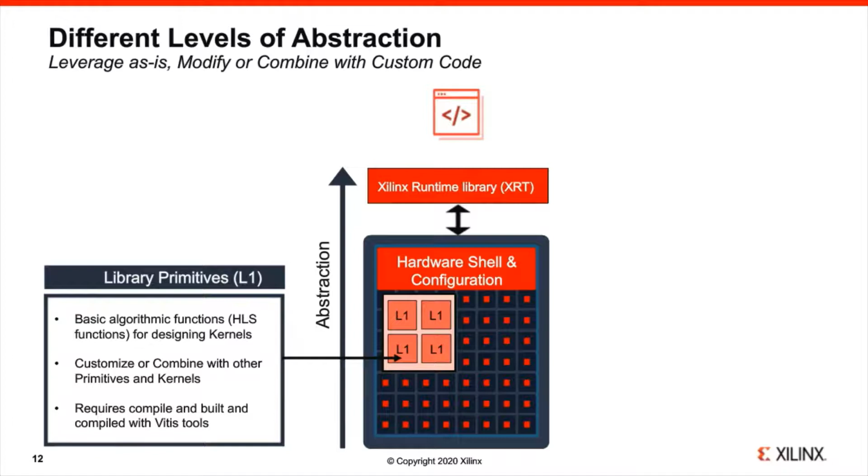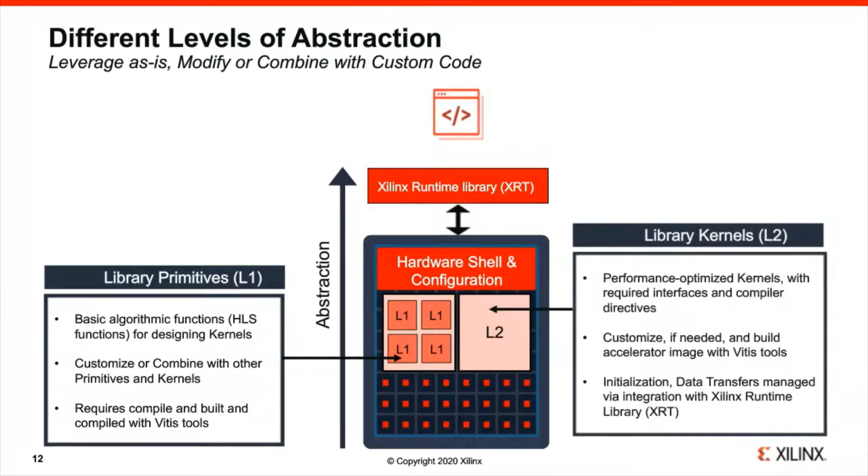Next comes the library kernels or level 2 functions. These are designed as individual performance-optimized kernels with the required interfaces for Xilinx runtime library to talk to it from the host. You can combine multiple level 2 functions together to form your end-to-end processing pipeline.